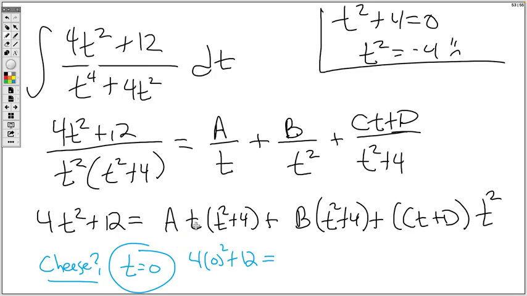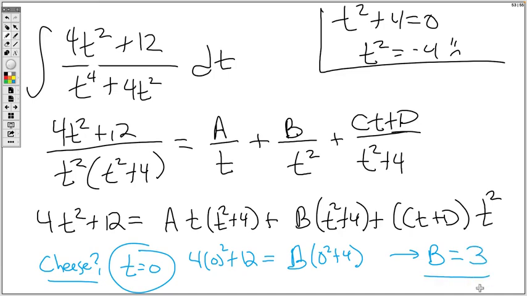The a term has a 0 factor, so that's going to be 0. The b term doesn't. This is going to be b times 0 squared plus 4, and this whole thing will be multiplied by 0. You follow? So this is going to give us what b is. So what's b? Three.